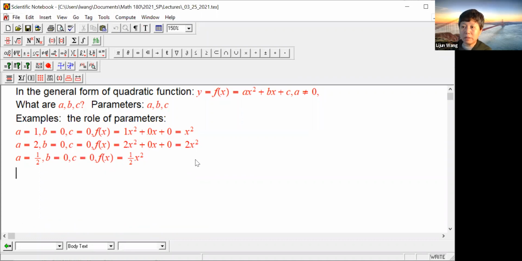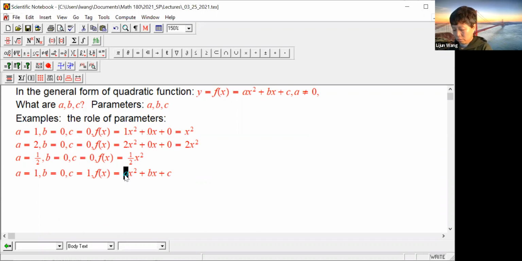And we can keep this list going. I can assign A equals 1, B equals 0, C equals 1. What will be the consequential quadratic function in that individual case?